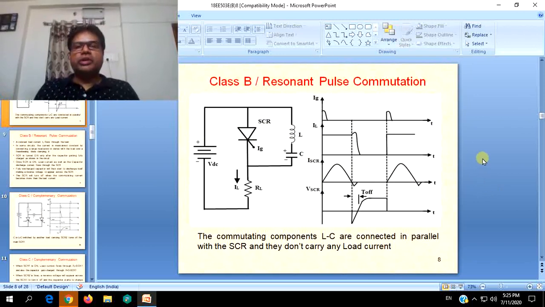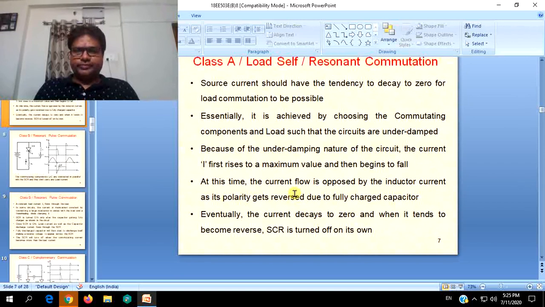And the next topic is class B or resonant pulse commutation. Quite similar to the first case, that is class A. Class B commutation will also employ L and C as commutating components, but with a difference that in this circuit the commutating components will not carry the load current.